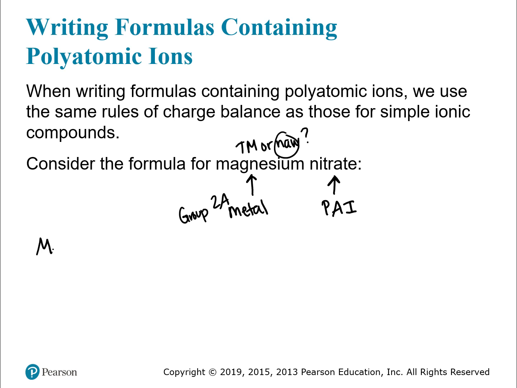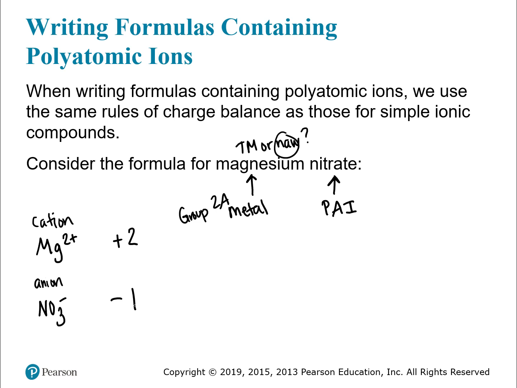So our magnesium, when it's an ion, it's Mg2+. Nitrate, you're going to look up on your chart. NO3- is nitrate. Our total positive charge would be +2. Total negative charge is -1.